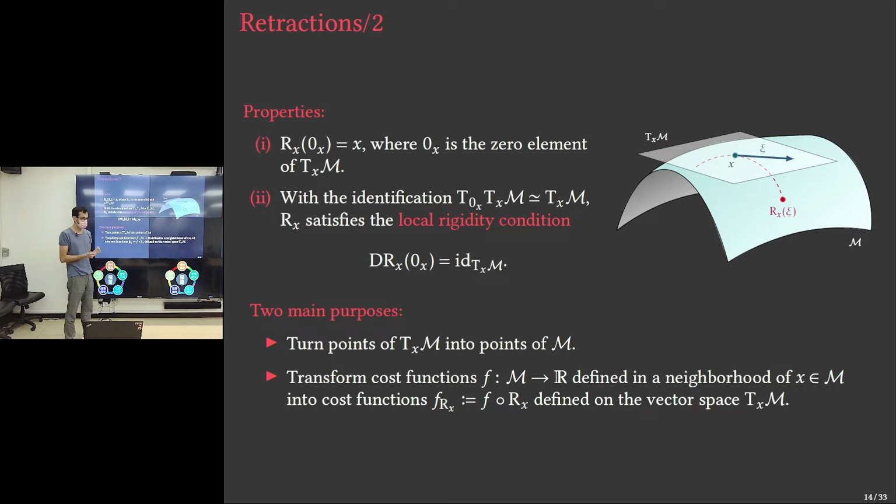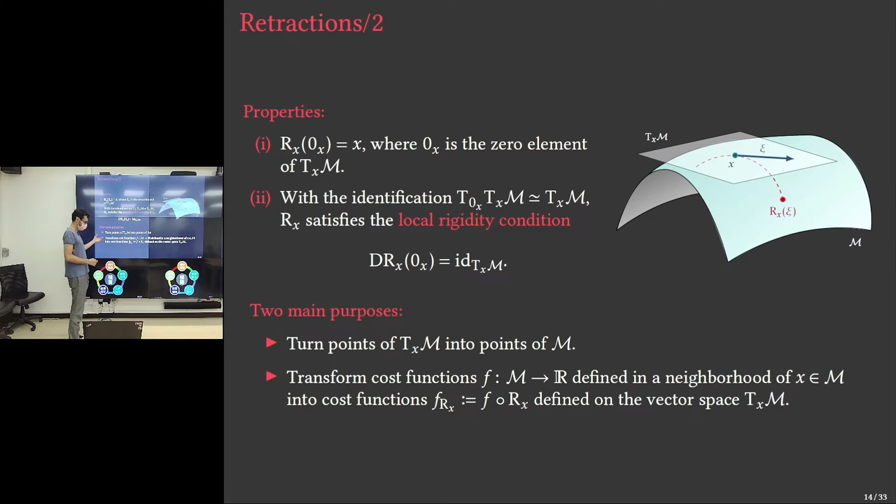The reason is that, maybe let me just explain the two main purposes and then I go back to this. I think it will be clear. The two main purposes of the retraction is to turn points on the tangent space into points on the manifold, because we always want to be constrained to the manifold.